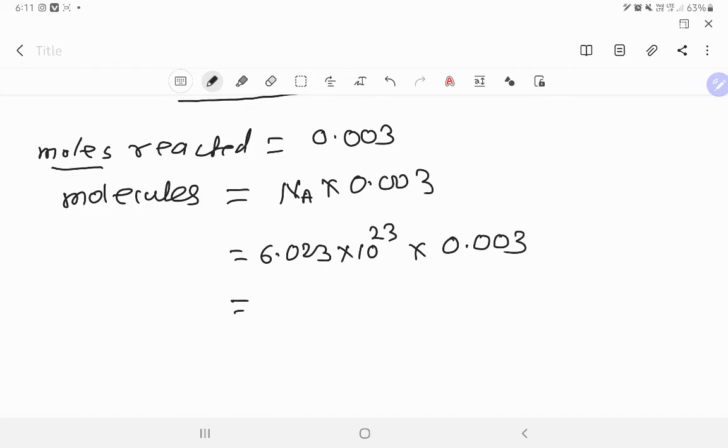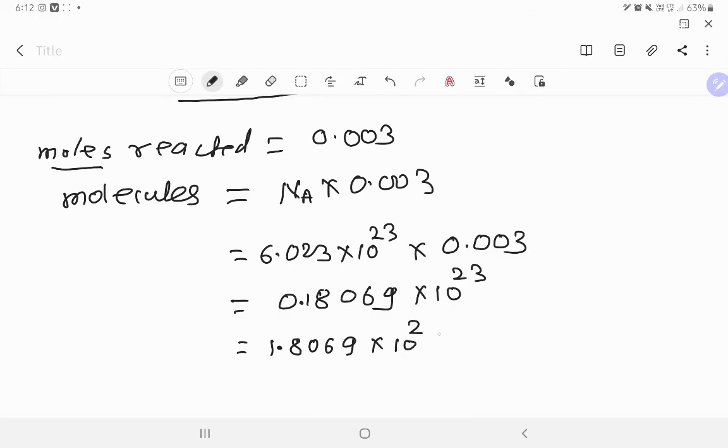Okay. What is its calculation? It will be 0.18069 into 10 raised to 23, or you can simplify it as 1.8069 into 10 raised to 22.